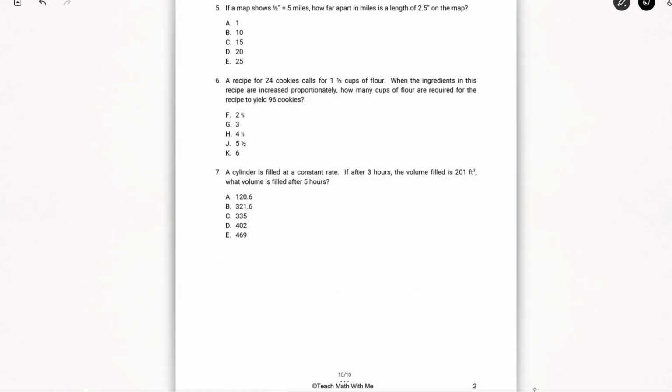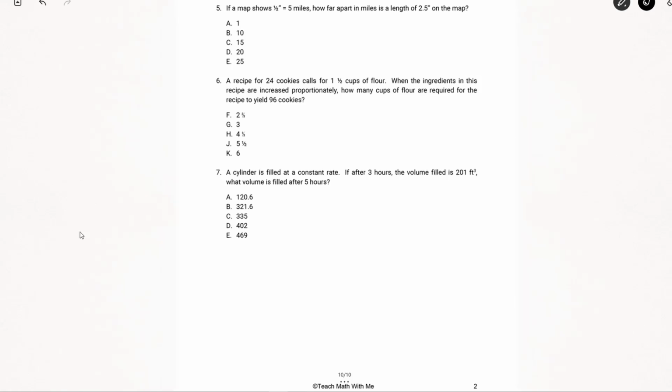Okay, now let's take a look at question number 5. If a map shows 1/2 inch equals 5 miles, how far apart in miles is a length of 2.5 inches on the map? Again, this is a proportion. Both of these map values are in inches, so that's nice. 1/2 an inch is the same as 5 miles, and we want to know what 2.5 inches is equivalent to, our unknown x. Cross multiplying, we get 1/2 x equals 5 times 2.5, which is 12.5.